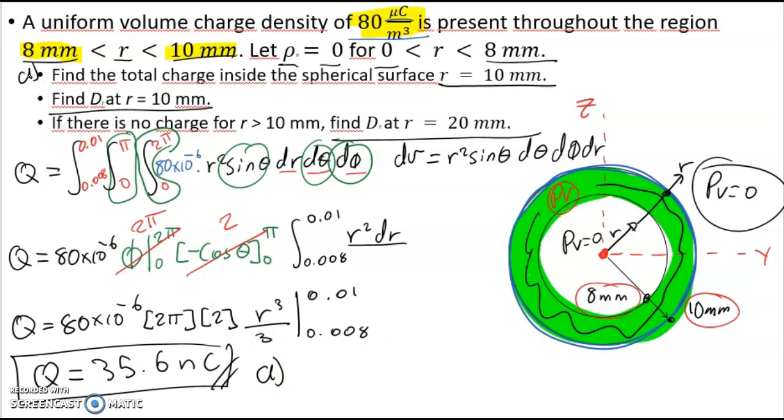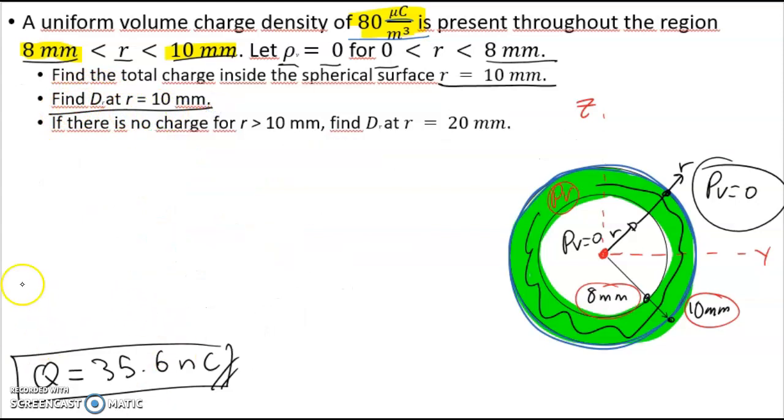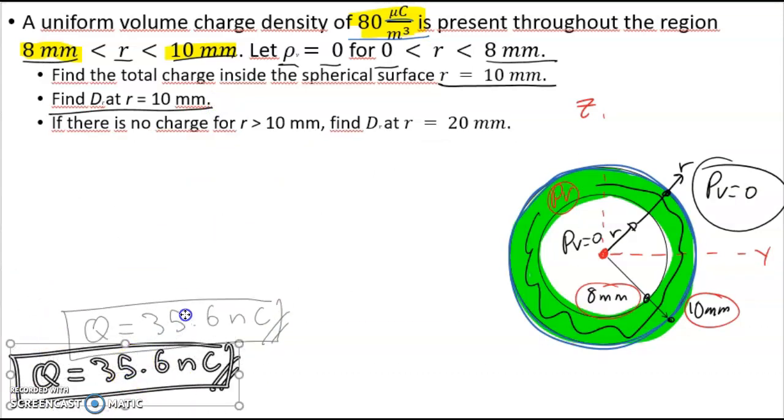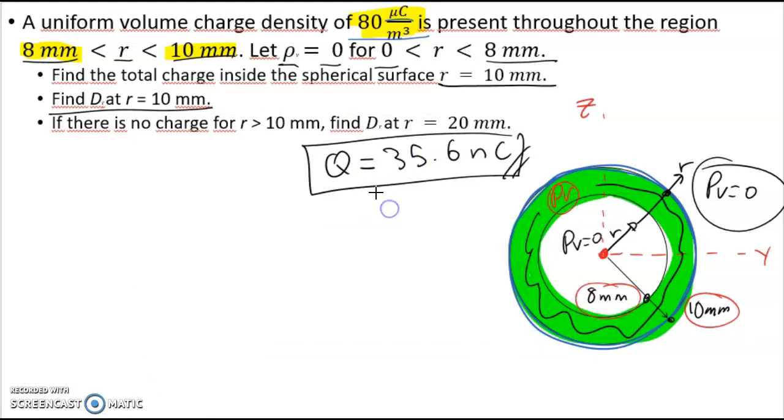Then we want to calculate the flux density at a radius of 10 millimeters. For that, we only need the charge that we just calculated, and we will apply Gauss's law.